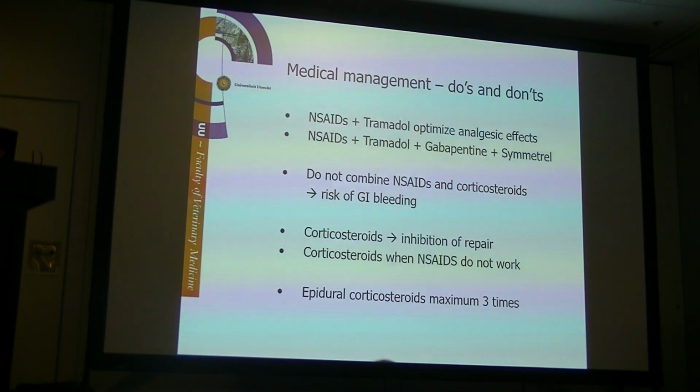You will completely shut down the pituitary adrenal axis with steroids. So if you treat for 1 month or 2 months, you will cause iatrogenic Cushing's in this dog, and then you have another problem. So that is also why we are cautious using epidural injections with steroids. We do that to a maximum of 3 times.